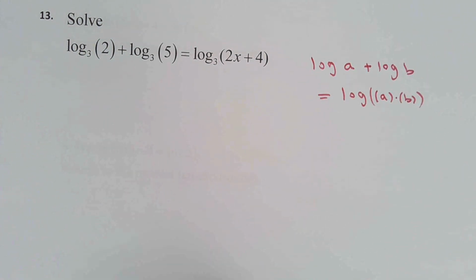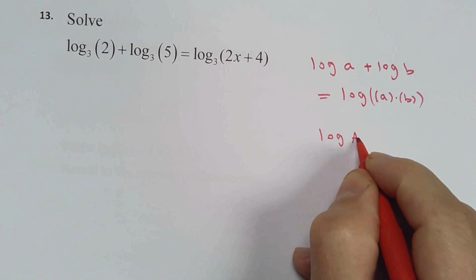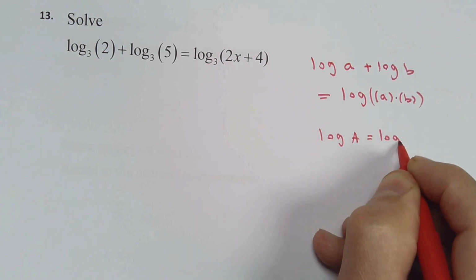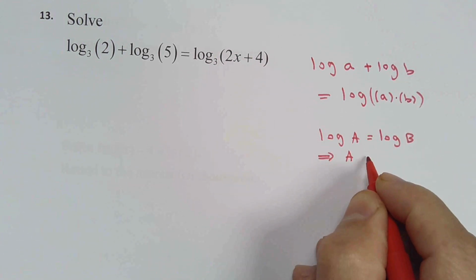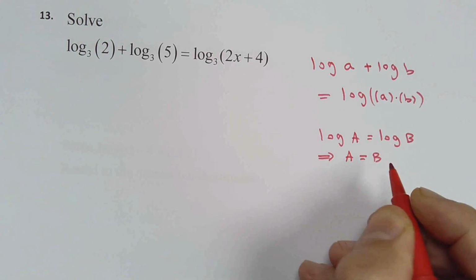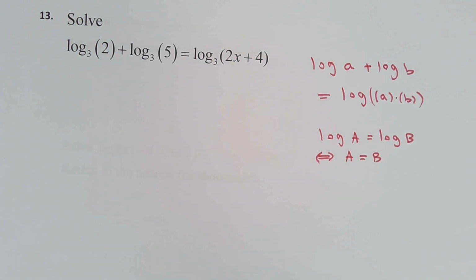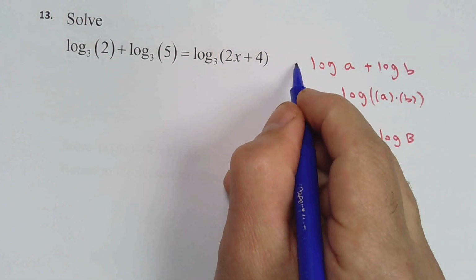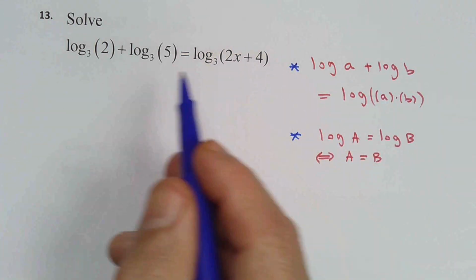The second formula will say log A equals log B implies A equals B. Same base, or if and only if. So that's two formulas. That's one, and that's the other one. Let's use the first one on the left side.